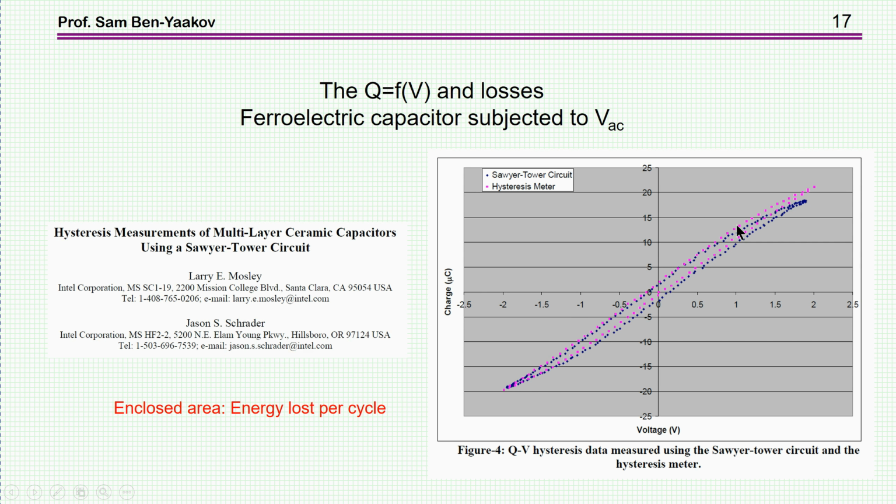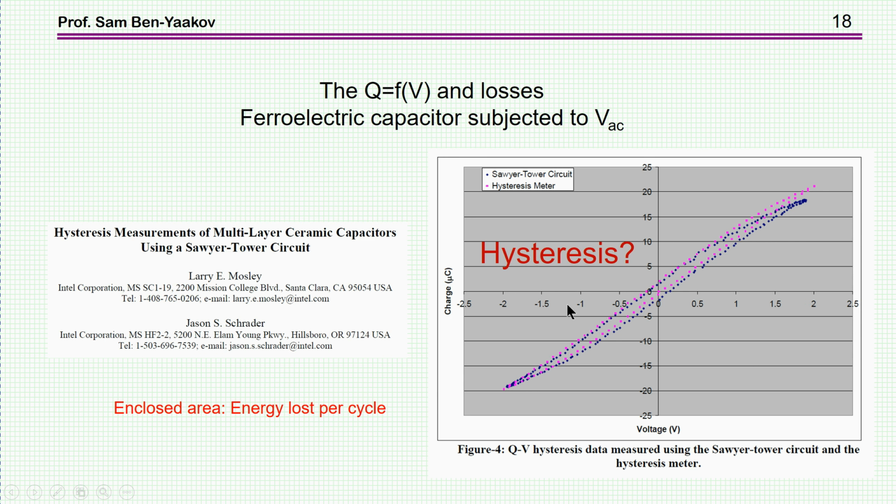And then we see here something very typical of hysteresis, and this is what, in fact, these authors say, that this is hysteresis measurement. Well, the question is, is it really hysteresis?